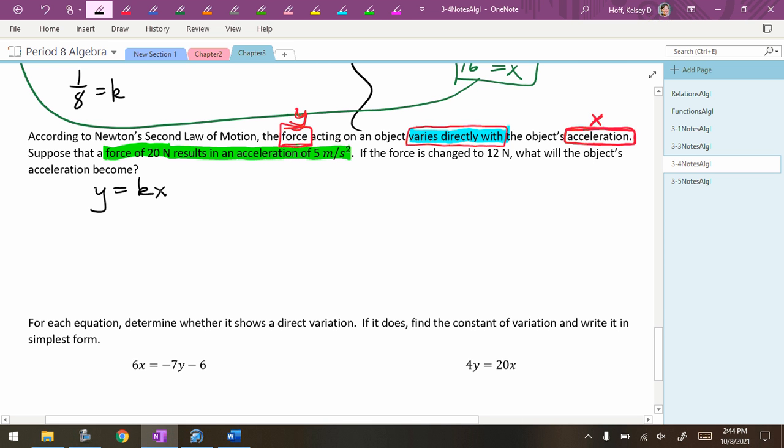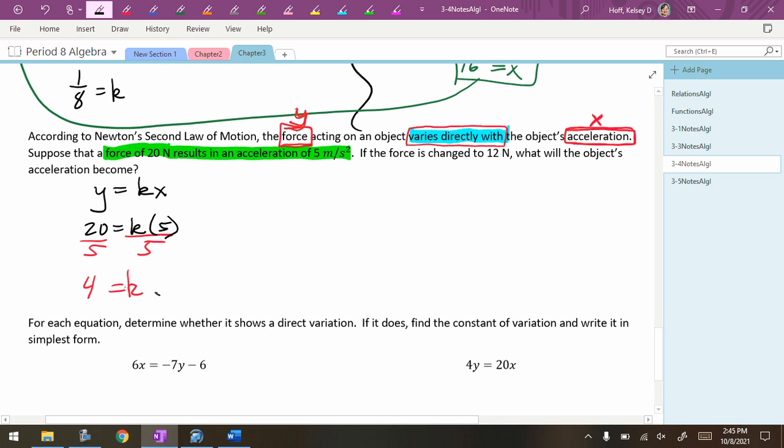Because we labeled them. Our force is y. In my highlighted, what's my force? 20. K is going to stay at k. What's my x, or in other words, my acceleration? 5. How do I solve for k? Divide by 5. K equals 4.